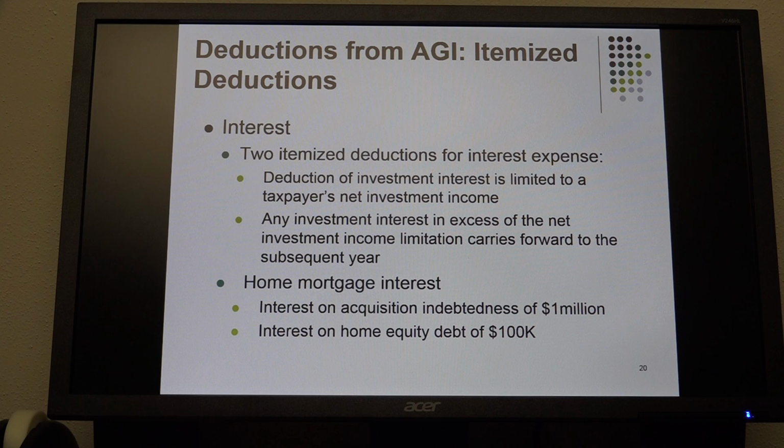And so what is acquisition indebtedness? It's any debt secured by a qualified residence that is incurred in acquiring, constructing, or substantially improving the residence.